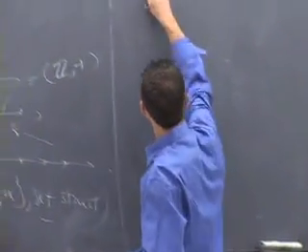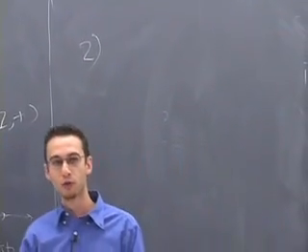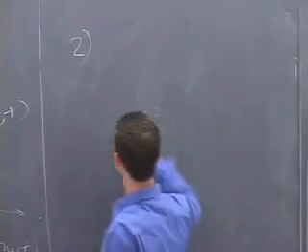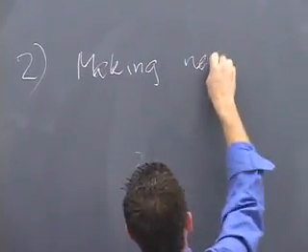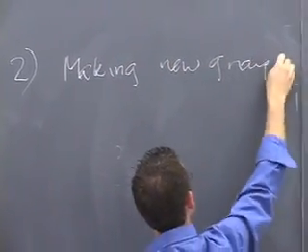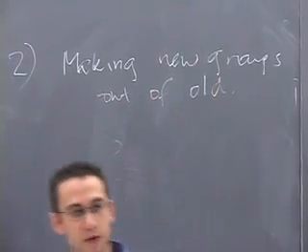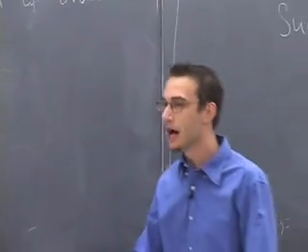Another theme we've discussed is that given a group, there are a whole bunch of other groups that come out of that group, making new groups out of old. You should really think of this as a very familiar sort of procedure. You've seen this sort of thing in great detail in linear algebra.